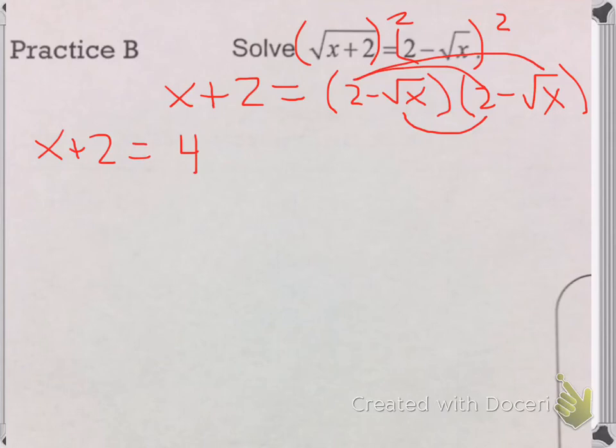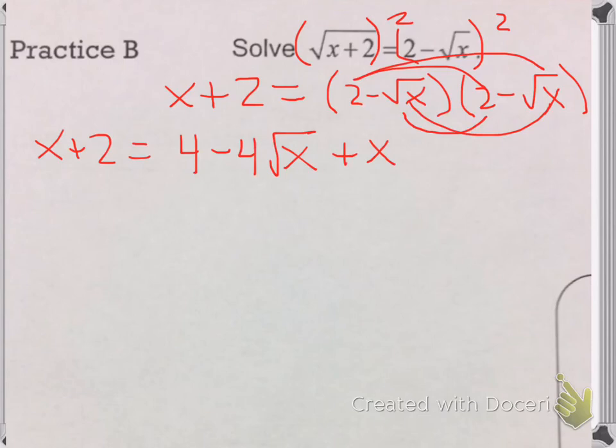I get negative 2 square roots of x and negative 2 square roots of x, which is a negative 4 square roots of x altogether. Then I have the square root of x times the square root of x, which is really just x, because that would be the square root of x squared, and the squared and the square root cancel each other out to just be x.